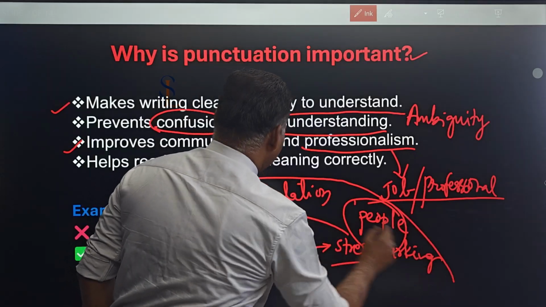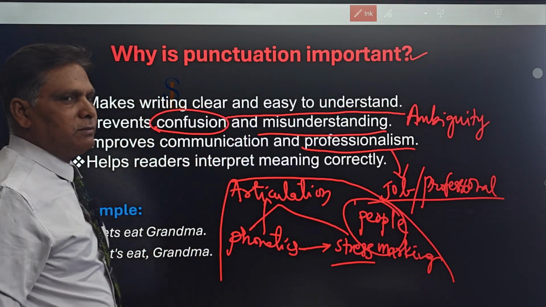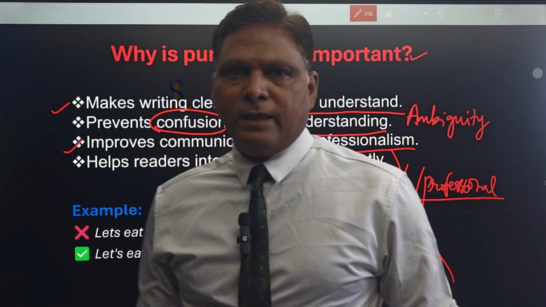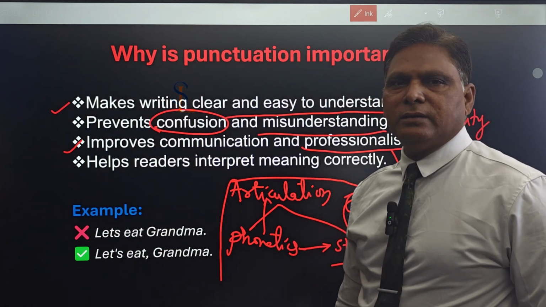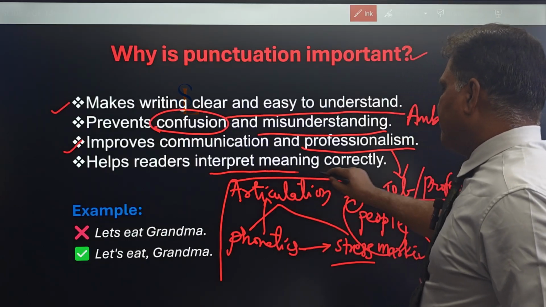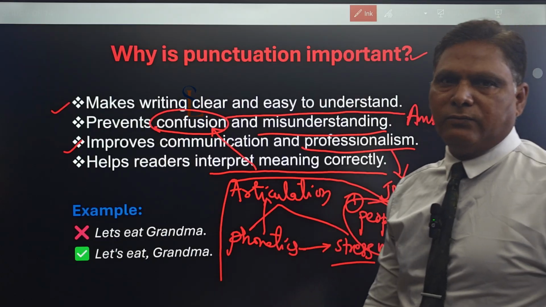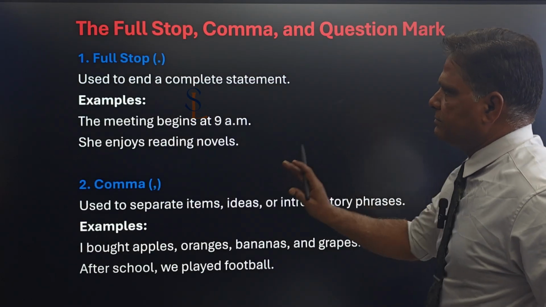So this is another chapter that we'll discuss later, but here I am talking about professionalism in your speaking and understanding punctuation, understanding all these marks. Even this is also a mark, but a mark of stress. Punctuation helps readers interpret meaning correctly, and whenever it interprets correctly, it avoids confusion and it also avoids ambiguity.